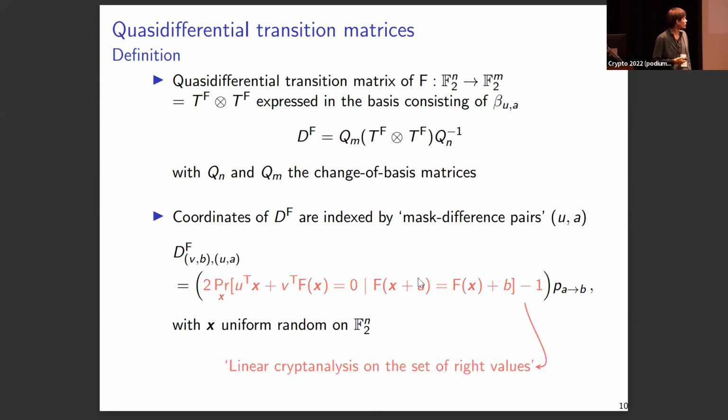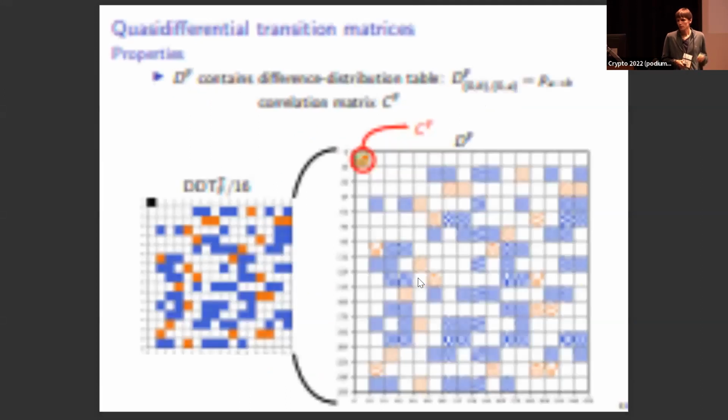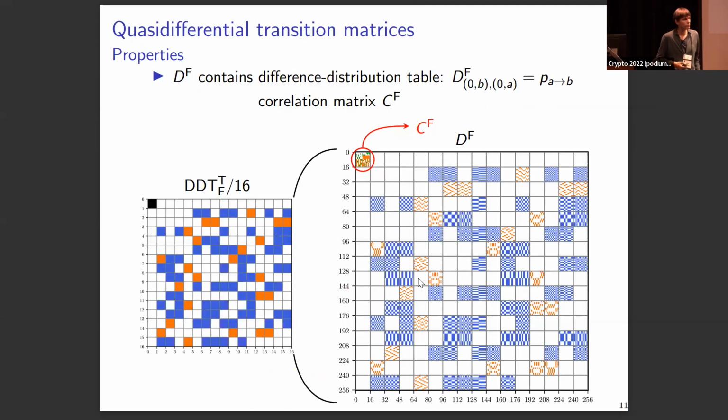So you could say that in a way, this quasi-differential thing is just sort of linear cryptanalysis restricted to the set of right pairs. So then we can compute this for specific S boxes. For example, this is the rectangle S box. So you have the DDT of that. And then your quasi-differential transition matrix is a kind of zoomed in version of that, where for every element of your DDT, you would get a whole submatrix of your quasi-differential transition matrix.